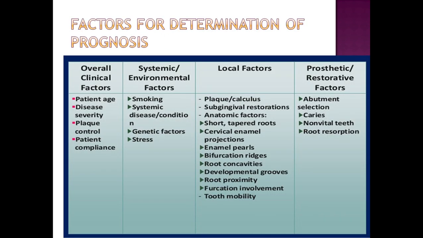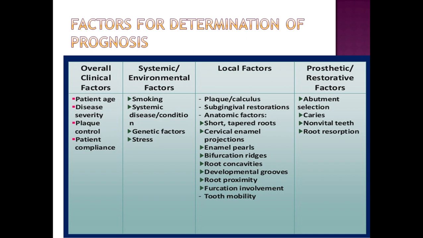Factors for determination of prognosis. They are overall clinical factors like patient age, disease severity, plaque control and patient compliance. And environmental factors like smoking, systemic disease, genetic factors and stress.